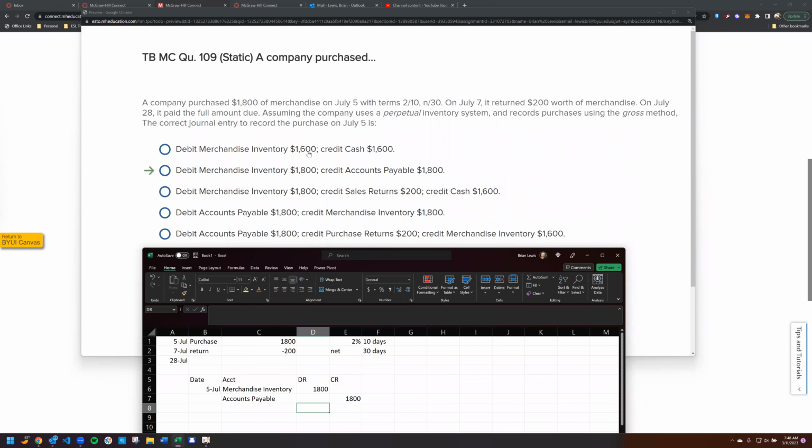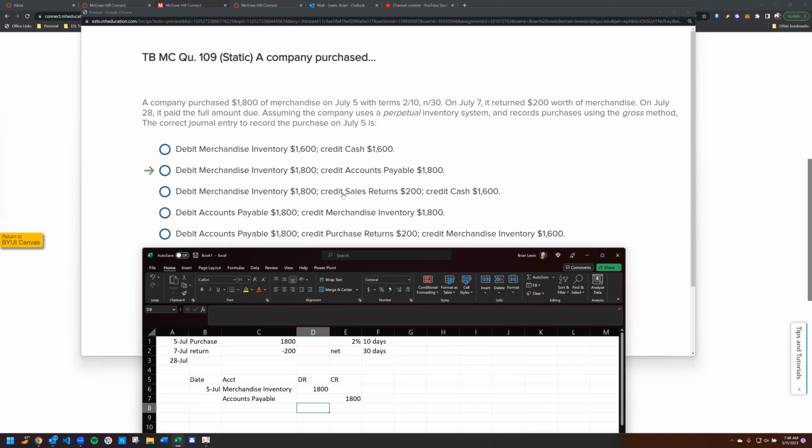Merchandise inventory 1,600. No, because remember it's July 5th, not July 7th. That would be the amount that's in inventory, not the original journal entry. Merchandise inventory for 1,800. Okay, that's a possibility. A credit for accounts payable. Yes, that's a possibility. Debit merchandise inventory for 1,800.